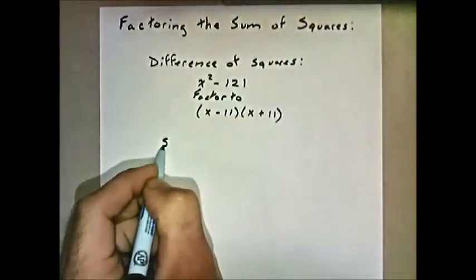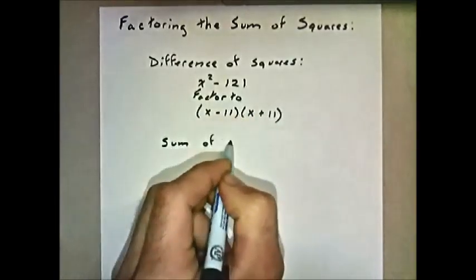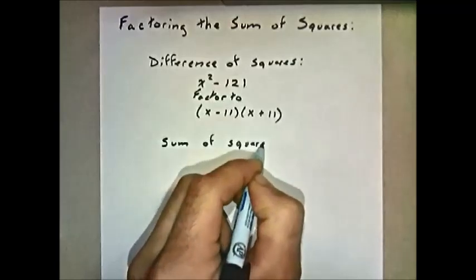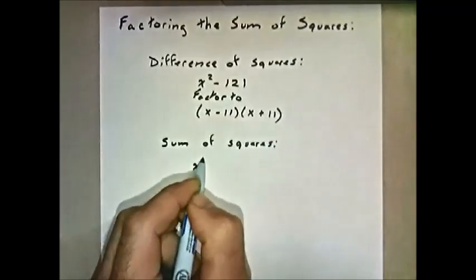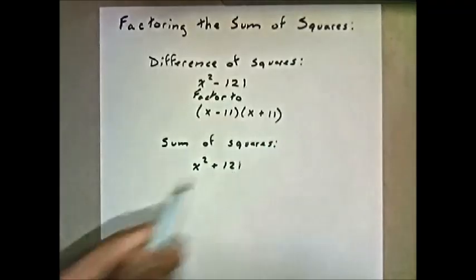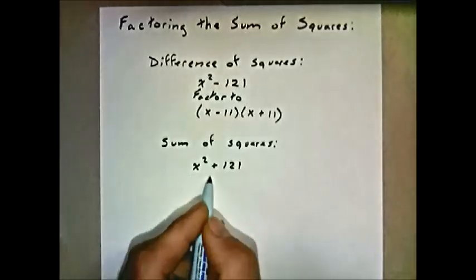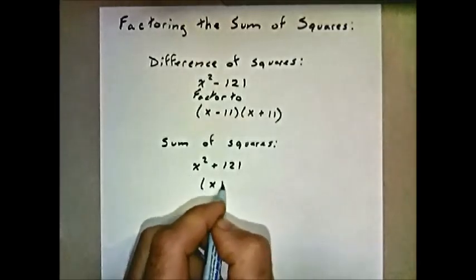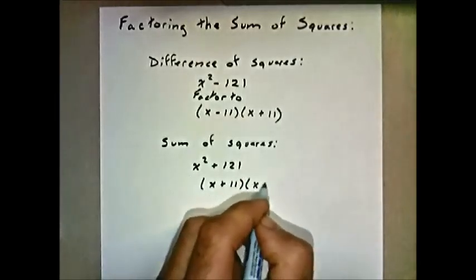Now if we look at the sum of these same two squares and ask you to factor them, so if I give you x squared plus 121, many would say, well, this is going to factor to x plus 11 and x plus 11.